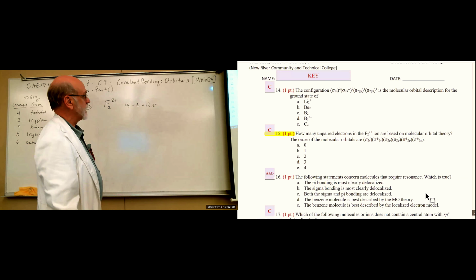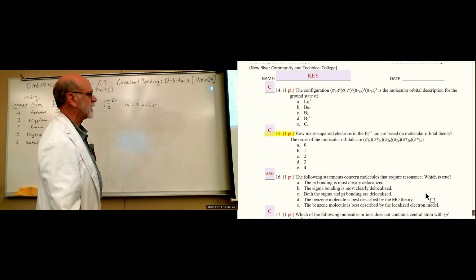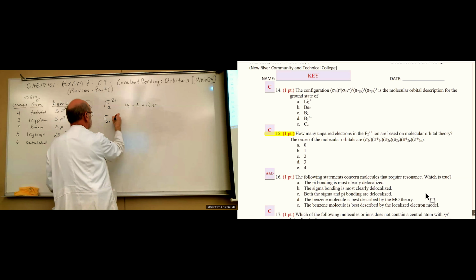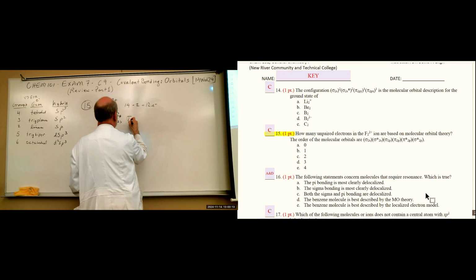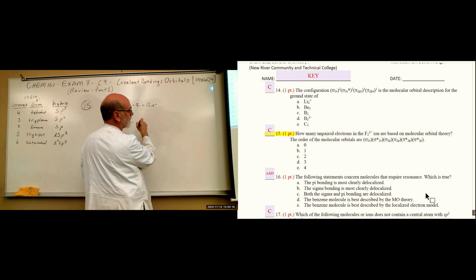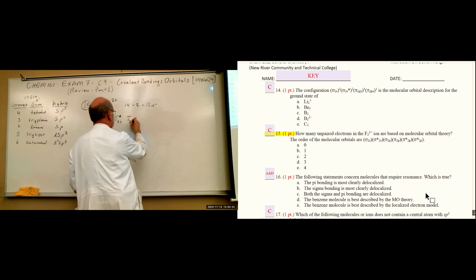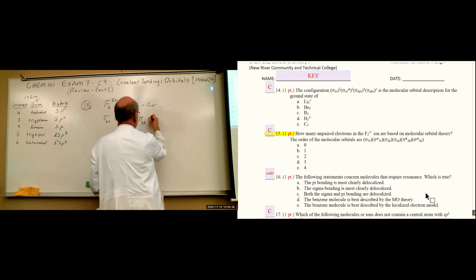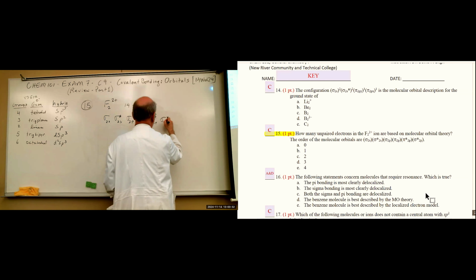So let's see, we have sigma 2s, sigma star 2s, sigma 2p, and then pi 2p, and then pi star 2p, and then sigma star 2p.